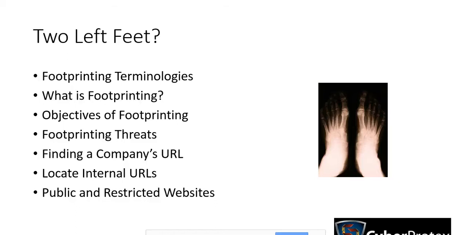If we wanted a seat at the table to compete for that project, there are certain things people like us would be looking for from a vendor that would be a candidate to come in and do that assessment. So give me an example with those three, or any myriad of others. Why would we want to go out and do a little bit of recon on that company, specifically finding the company's URLs, the public websites, restricted websites, and maybe any internal URLs? Why would we want to do that?